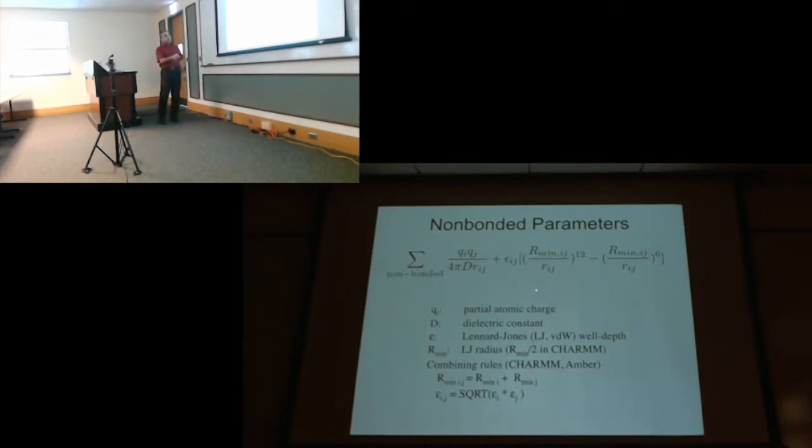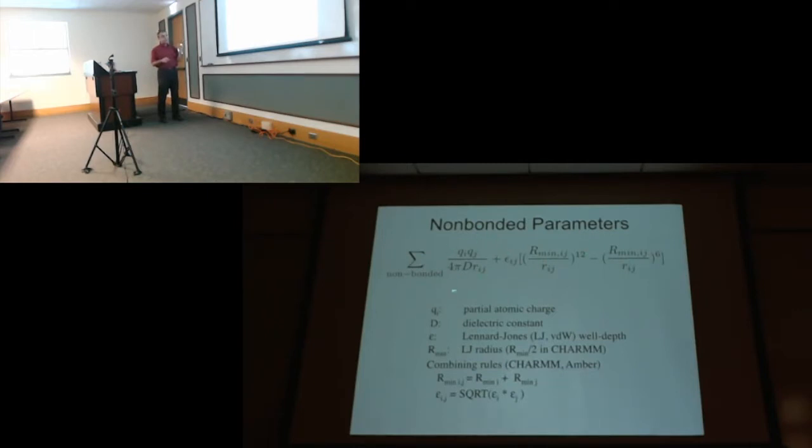So with the argument that many of these are dying very quickly, people started to introduce the cutoff. Say, okay, I'm going to look at only a 10 angstrom or 12 angstrom radius. And how to do this, I'm going to come back to it when we look at the topology file. But for electrostatics, we usually use the same cutoff for both electrostatic and van der Waals.